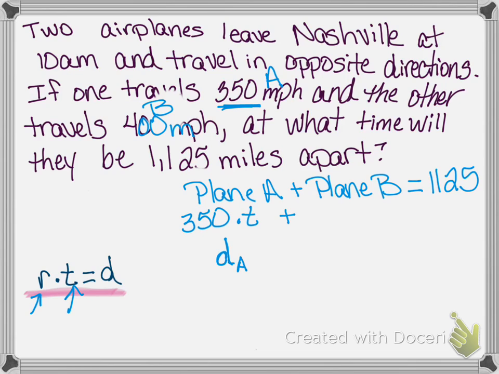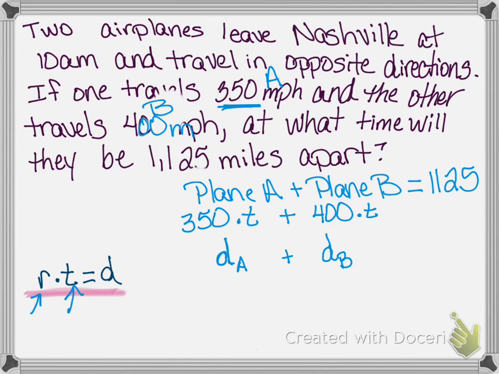For plane B, how fast is plane B moving? 400. So 400 times T gives me the distance that plane B moves.